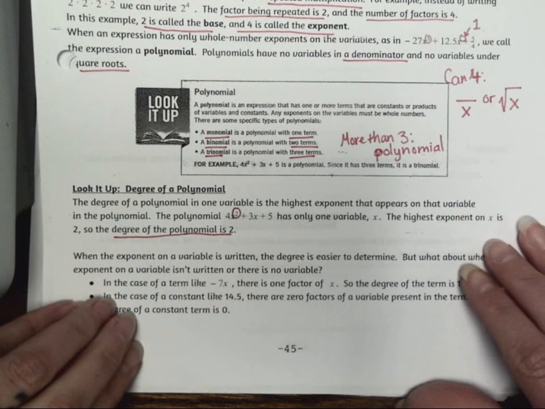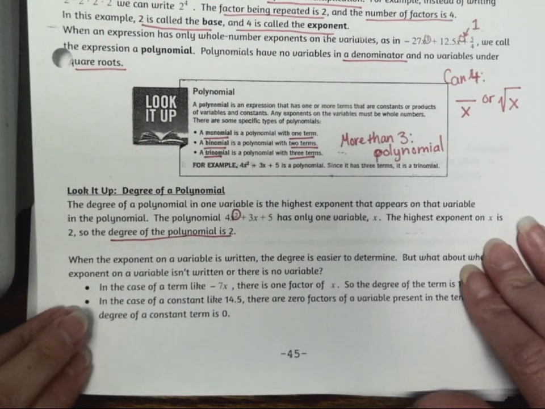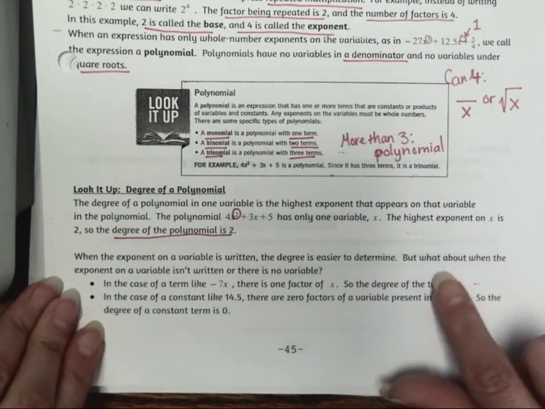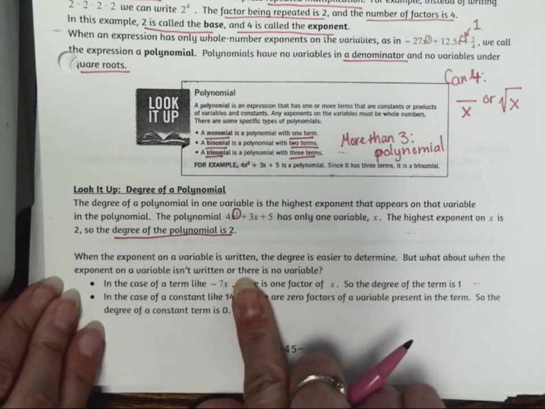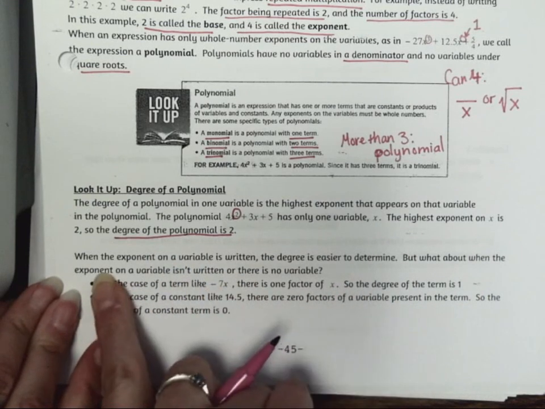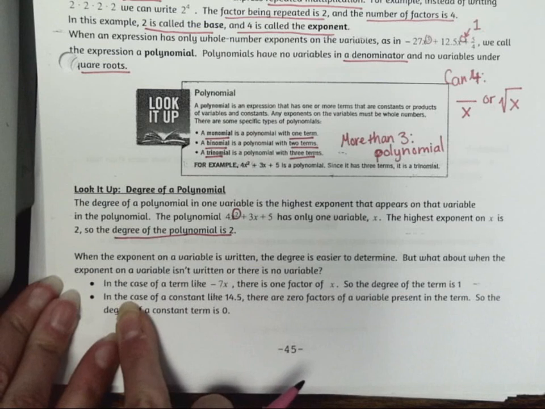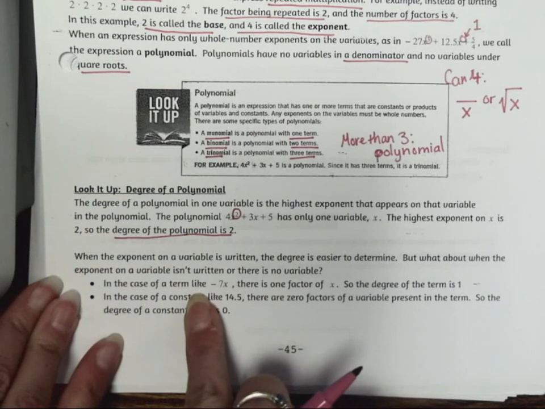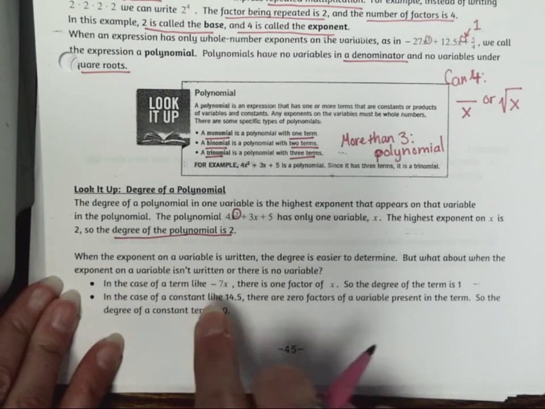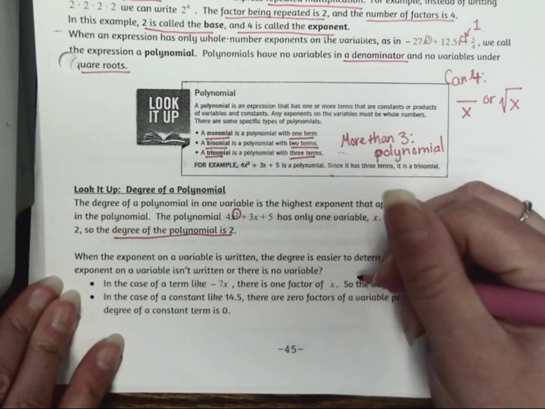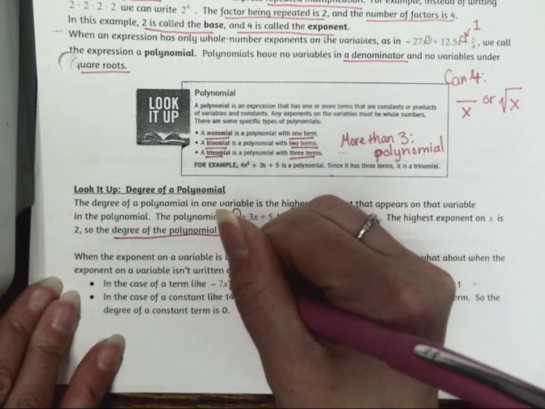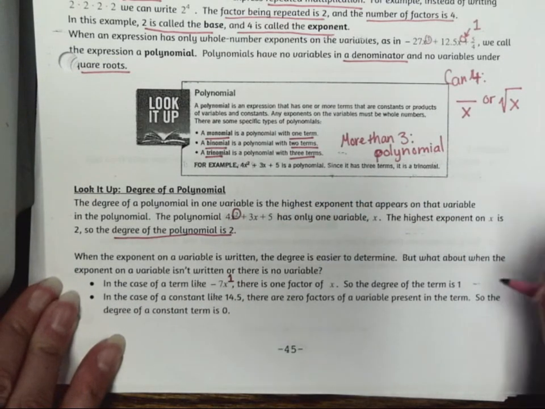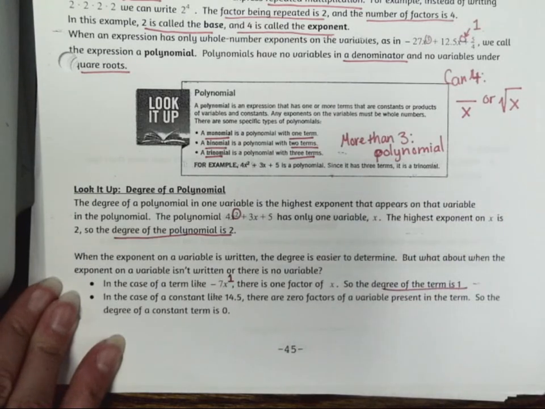When an exponent on a variable is written, the degree is easy to determine. But what about when there isn't a variable? Or when we don't see an actual exponent? For negative 7x, there's only one factor of x. It's invisibly a 1 for your exponent, so this degree is 1.